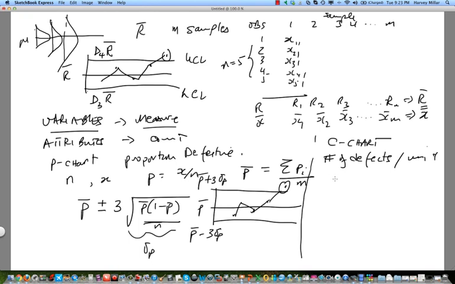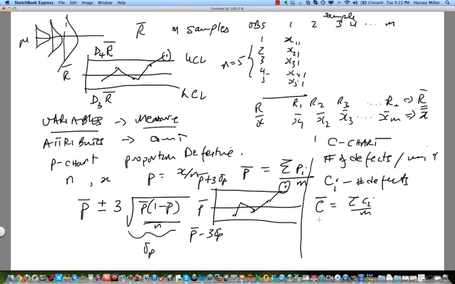In a case like that, what we monitor for each sample we'll call C. Ci would be the number of defects in a sample. So if I take the average of all of the defects in all of the samples, if I have m samples, then I get C bar.